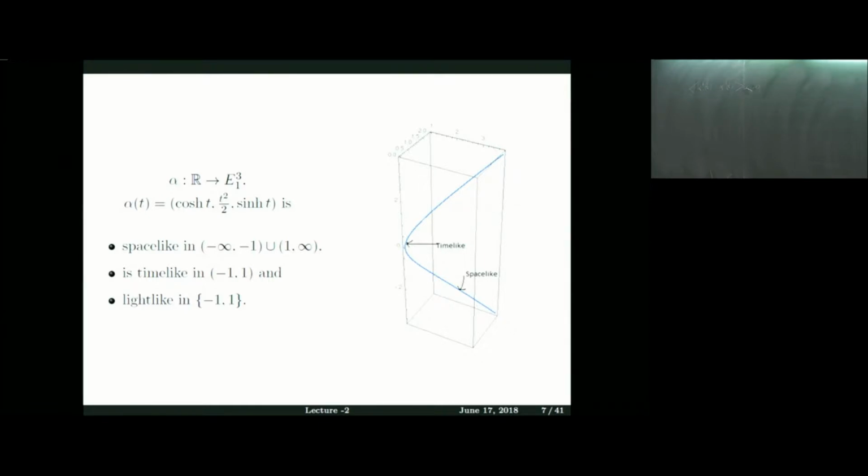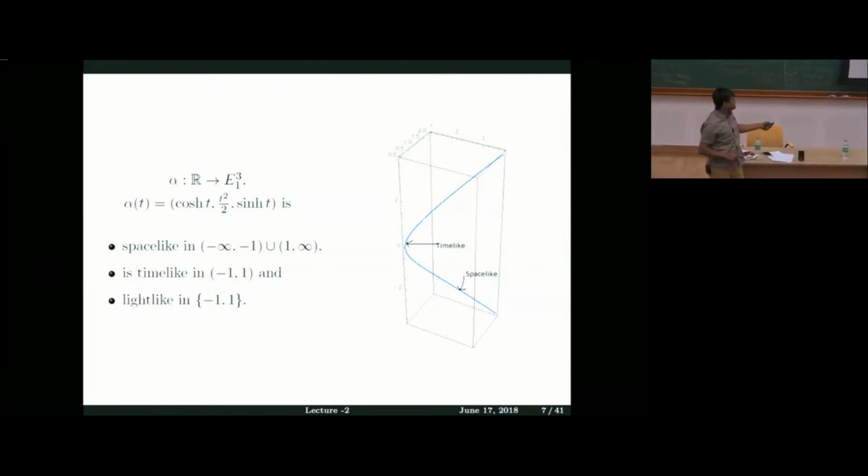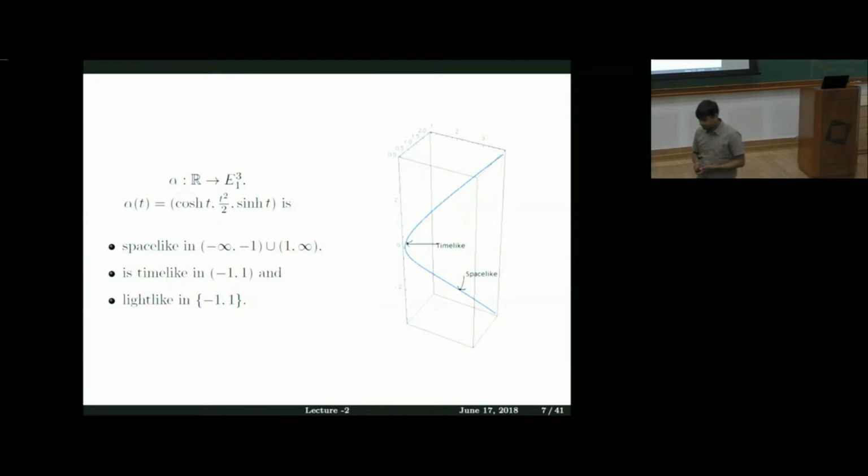For this curve, calculate alpha prime of t. Basically, it is space-like in this direction, space-like here, and time-like in the interval from -1 to 1. So a curve may not be of any one of these types; somewhere it may be space-like.